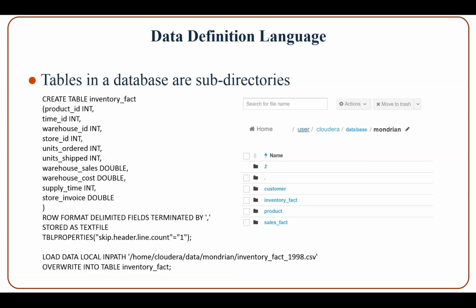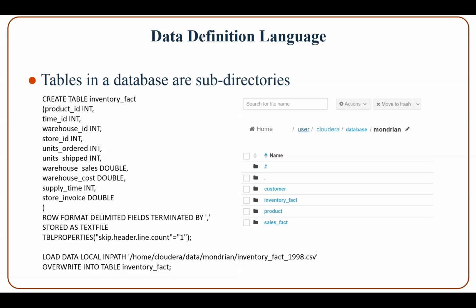After you create a database, you can create tables as well. So tables in a database are actually subdirectories. For example, create table inventory_fact, and then you specify the schema. For example, product_id with type int, time_id with type int, etc. The underlying text file is actually a CSV file with a comma to separate between values of different fields.